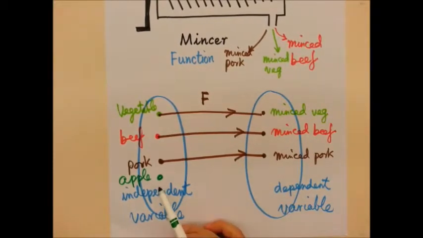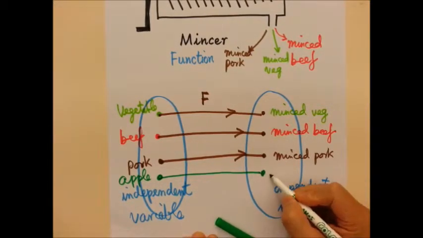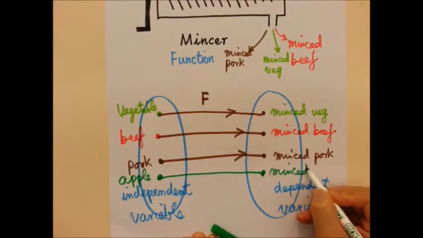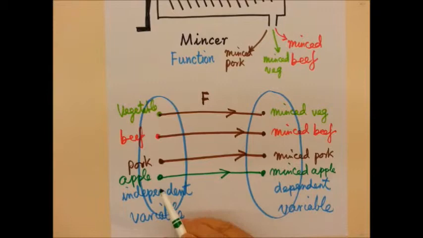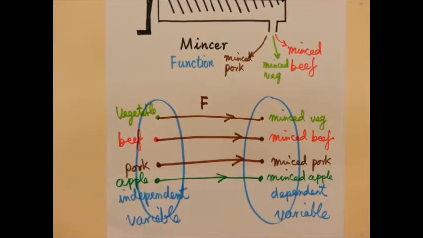So for every input, there must be some output. For every input, there must be an output, and there's only one output. It cannot be that when you put apple in, you have the minced apple and also the minced pork coming out. It's impossible. We say this is a function.